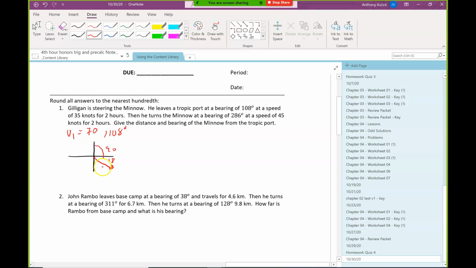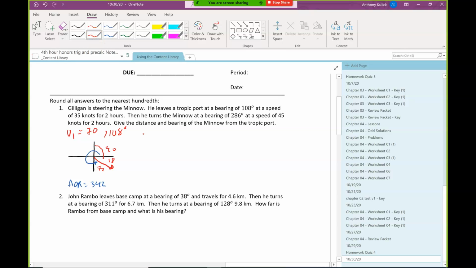That makes this side 72. So my angle of rotation is going to be 270 plus 72. So that's 342.